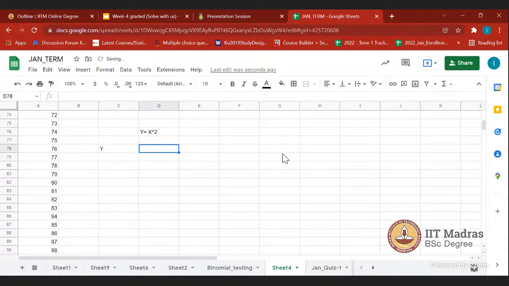And if I plug in some values, x is -3, -2, -1, 0, 1, 2, 3. This is x and this is y. Y is just the square of x.